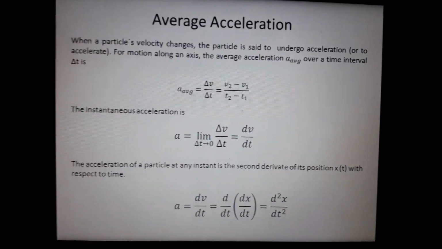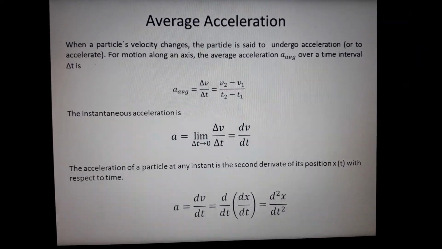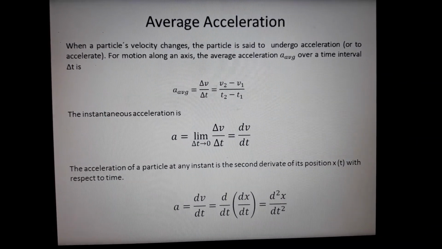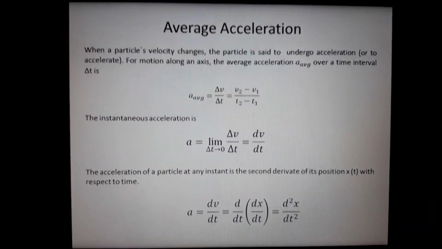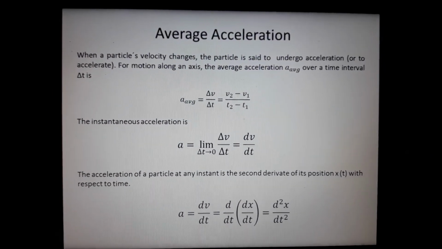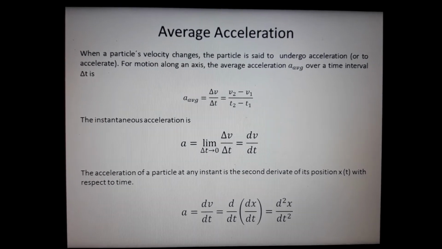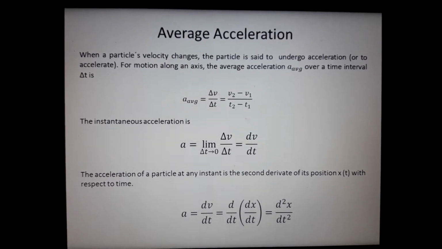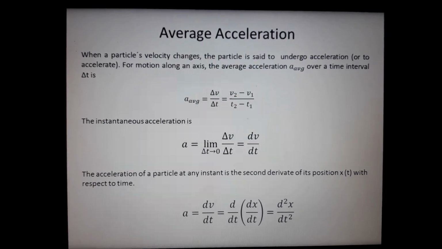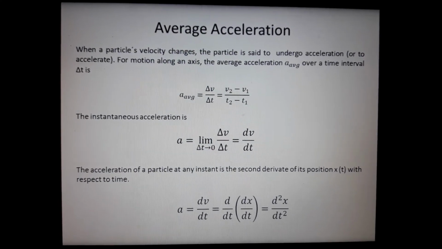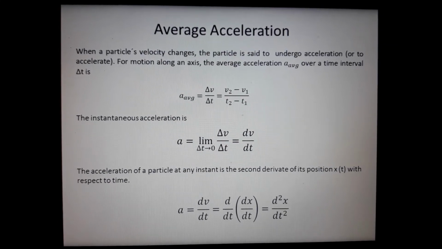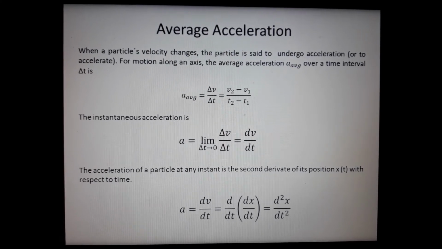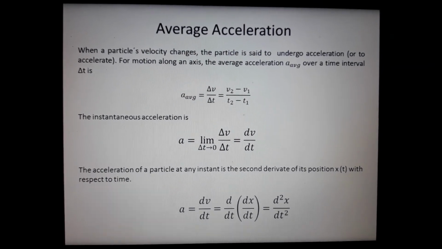The instantaneous acceleration is the acceleration when we take the limit as delta t tends to 0, which gives dv/dt, this notation of calculus. The acceleration of a particle at any instant is the second derivative of its position x(t) with respect to time.